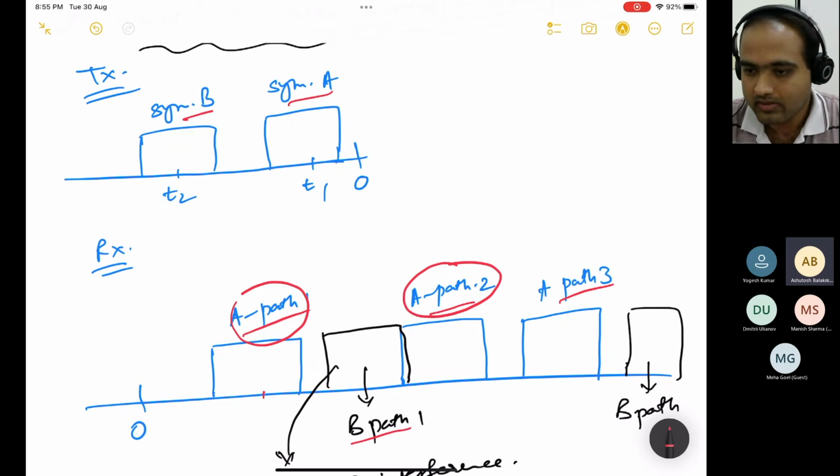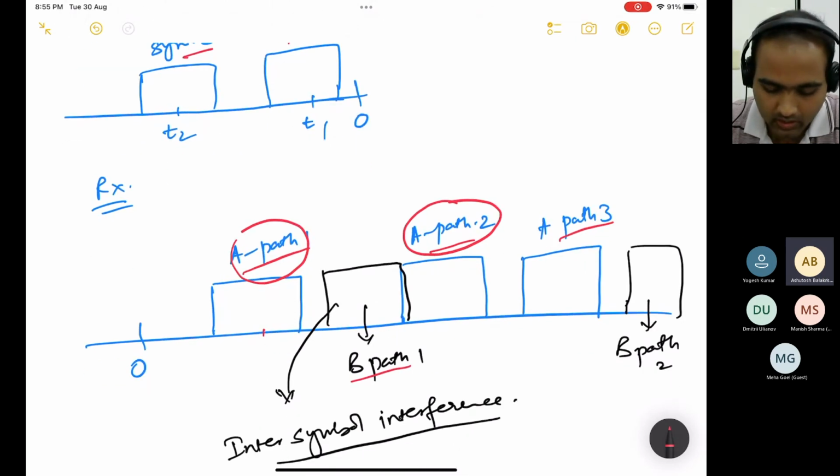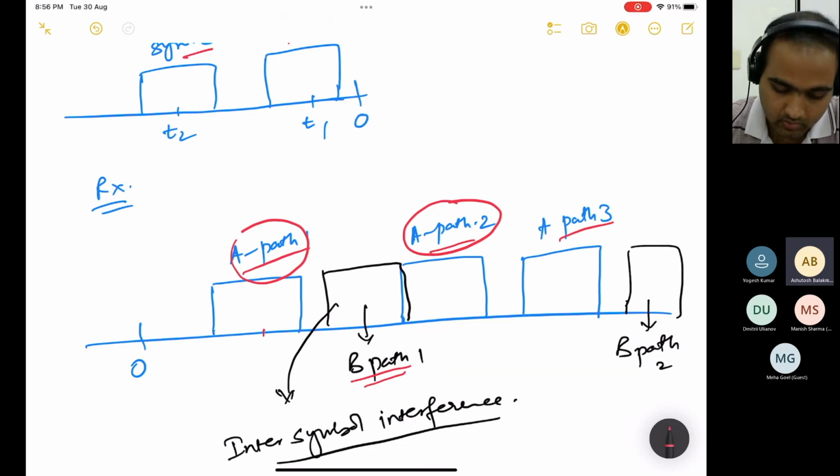Now at the receiver we don't know how the symbols are going to come. So what happens is that we may mistakenly assume that this symbol, which was actually B, was symbol A. That can be a mistake we make.